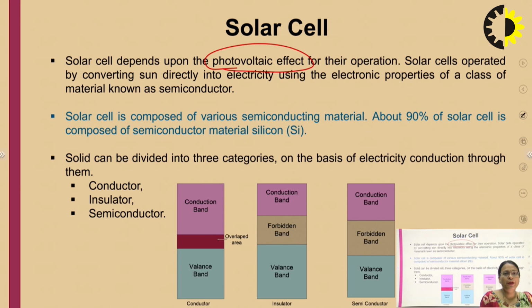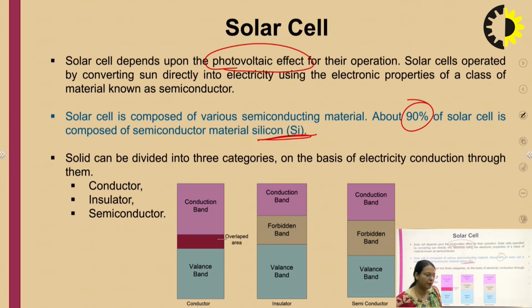Solar cells operate by converting the sun's energy directly into electricity by using the electronic properties of a material known as a semiconductor. Generally silicon is used for the generation of electricity from sunlight. About 90% of solar cells use silicon.